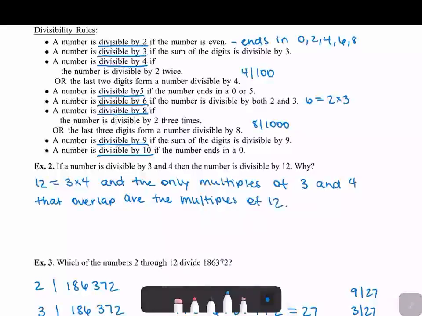Okay, that makes a lot of sense. So similarly, 2 and 3, the only multiples they share are the multiples of 6. Similarly with 3 and 4, the only multiples they share are the multiples of 12.